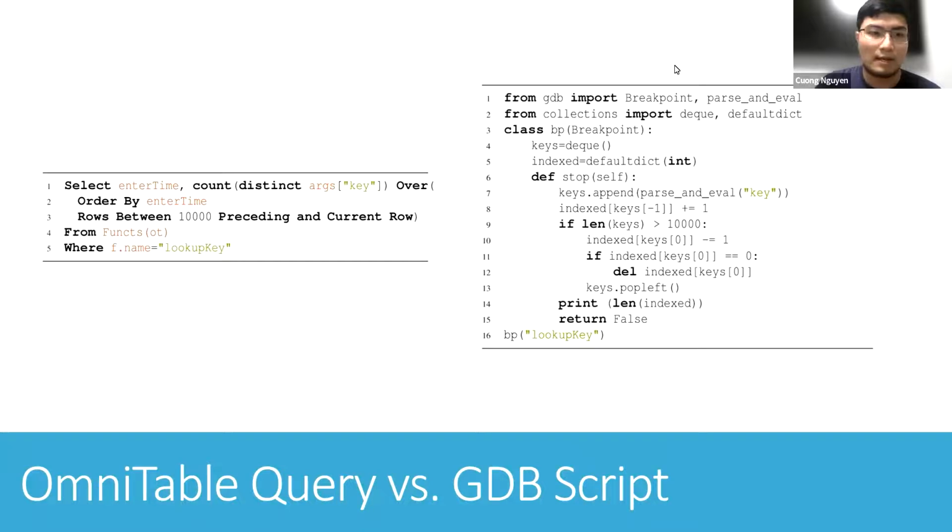And you can see that since the OmniTable query is declarative, it's very easy to read and very easy to write. But the procedural script for GDB has to use complicated data structures like deque and dictionary, and it has to write its own code to collect the same data.